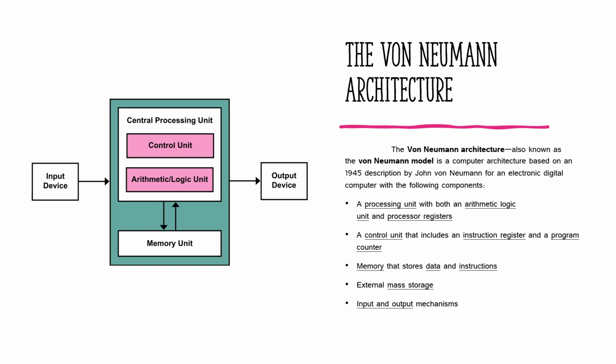The von Neumann architecture is an architectural model introduced by John von Neumann.